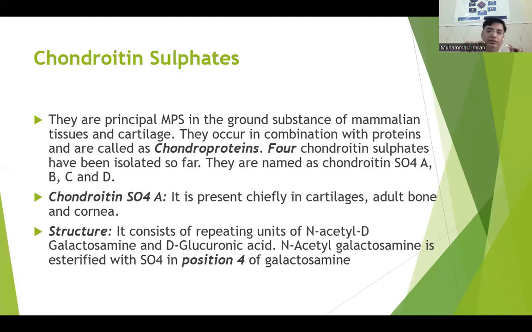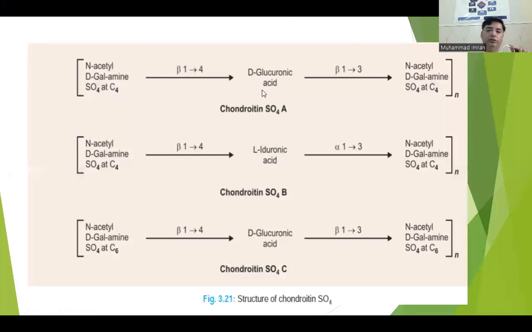What is the structure of type A? It is composed of N-acetylgalactosamine and glucuronic acid. But N-acetylgalactosamine is sulfated at carbon number 4 by making an ester bond. Here you can see type A contains a sulfate group at carbon number 4. Linkages are the same, beta 1,4 and beta 1,3.